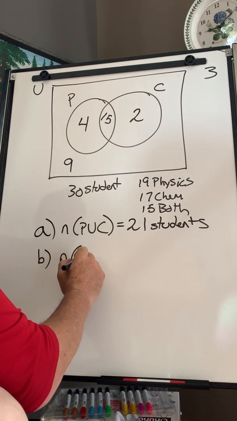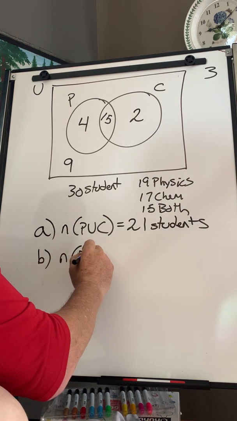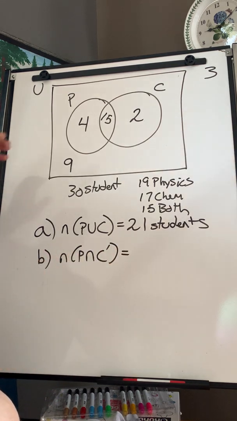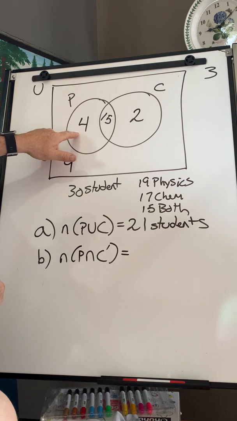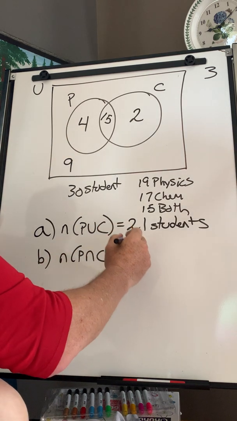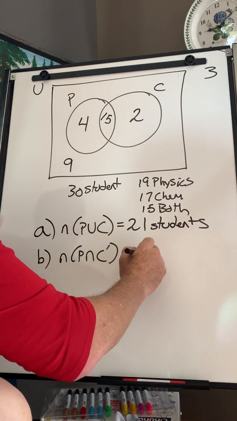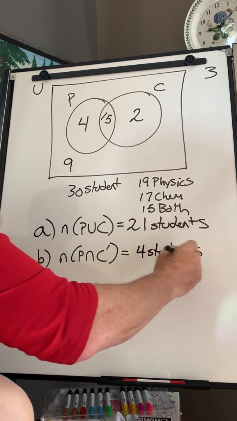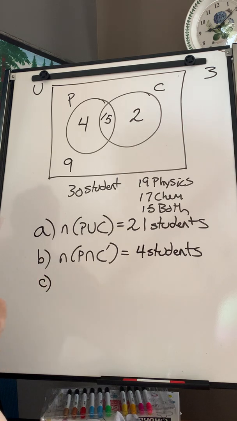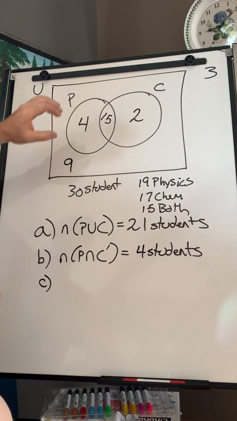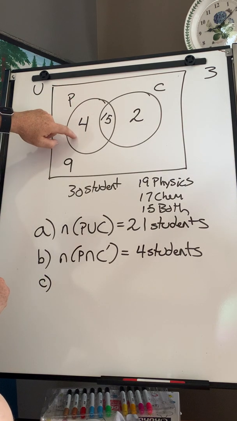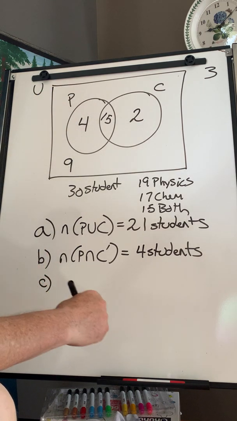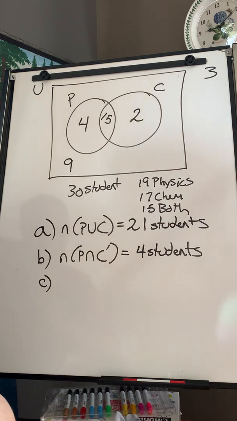So physics intersect not chemistry. Well, 4 students. If you use those examples earlier on in the chapter, it makes it a lot easier, where we showed this was A intersecting not B, that kind of thing.